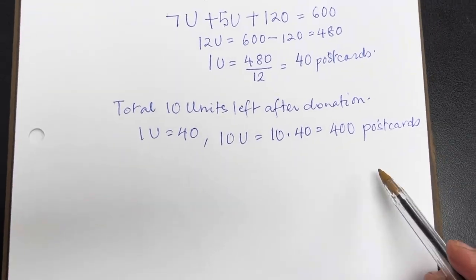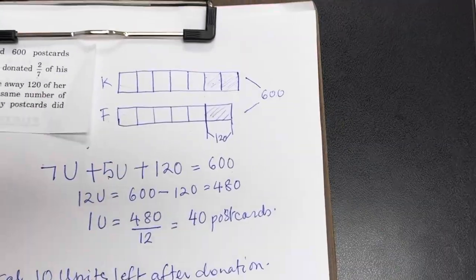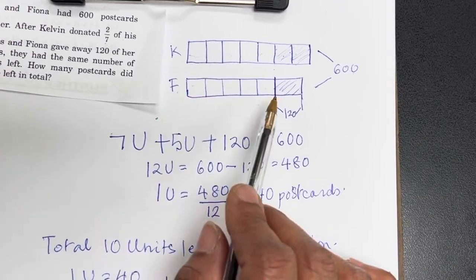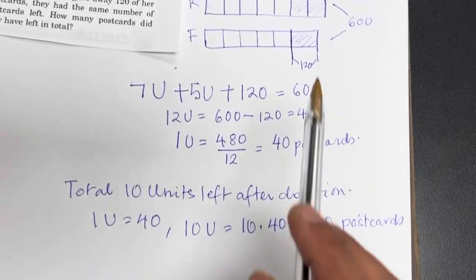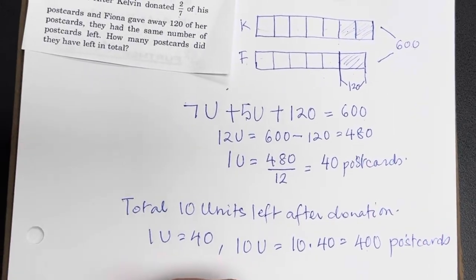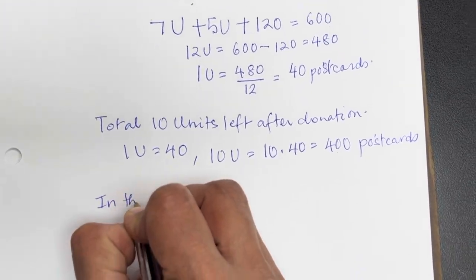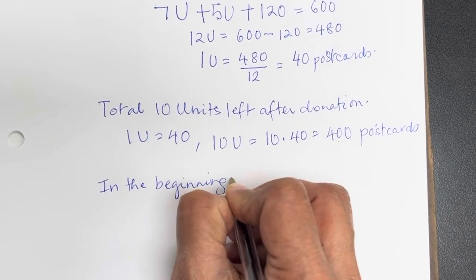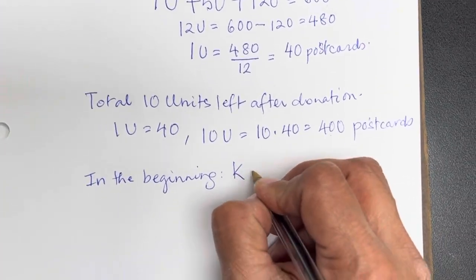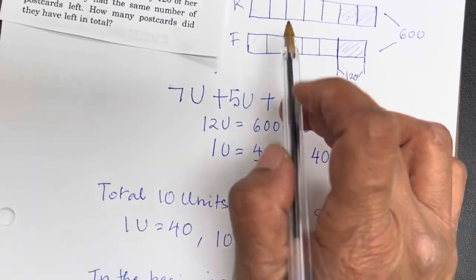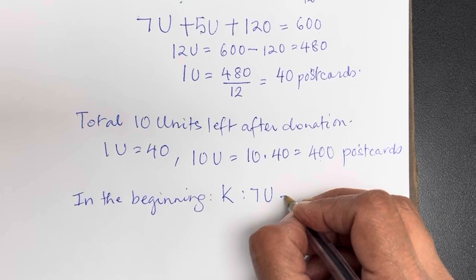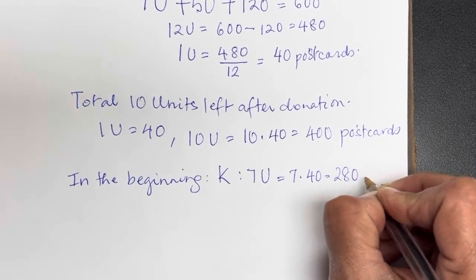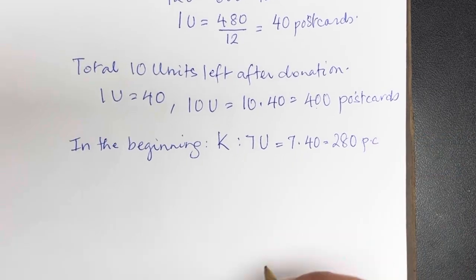And let's verify whether our answer is correct. Okay, if we did it correctly, let's see. Fiona would have had 200 plus 120. So in the beginning, Kelvin has 7 units, because he has all of them, is equal to 7 times 40 equals 280 postcards.